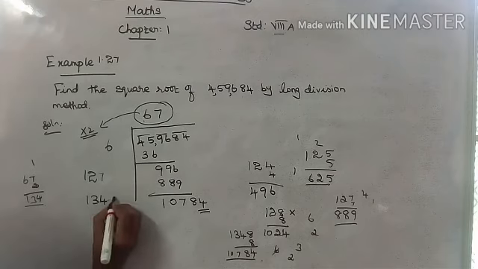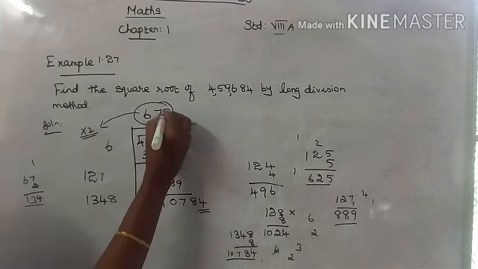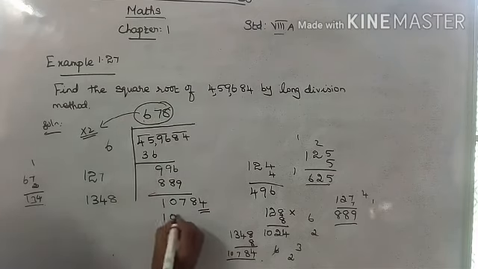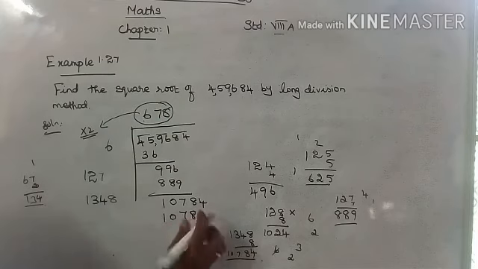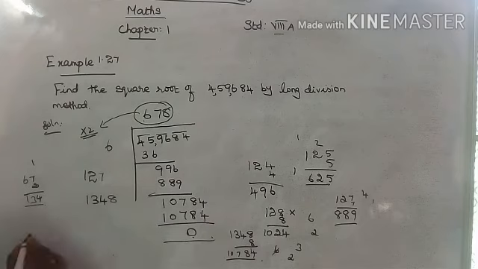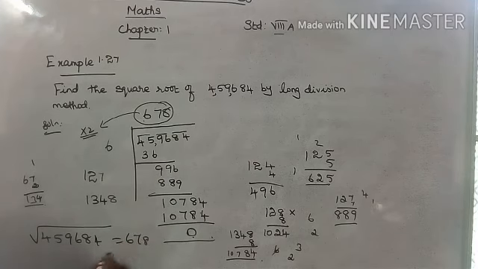So 1348, 8s are 10,784. So balance is 0, the square root of 4,59,684 is equal to 678.